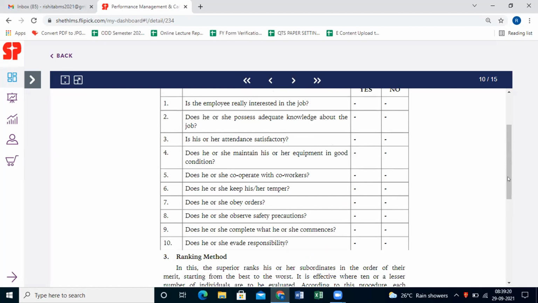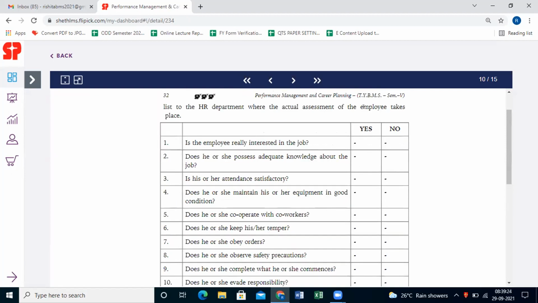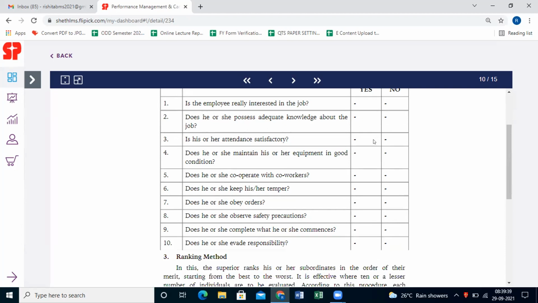Again, this method has its own limitation, because as a rater I only get the opportunity to tick against yes or no. I am not getting sufficient scope to give my inputs. I have only been asked to tick yes or no. So this is another shortcoming of this particular method.